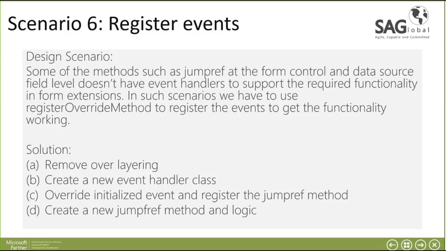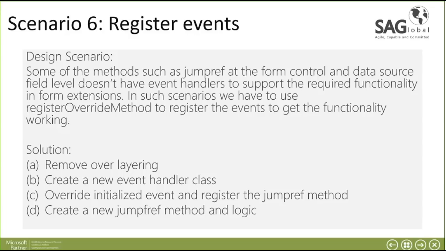If you have such changes, you have to directly override the jump ref method at the data source level if that field is used in more than one place in the form, or override the jump ref method at the control level, which you can do with overlayering. So if you have such changes on your standard form to achieve this navigation, how can we do that?